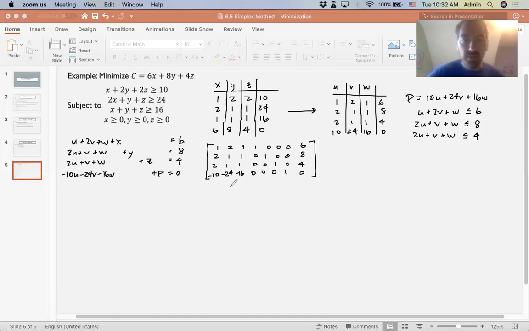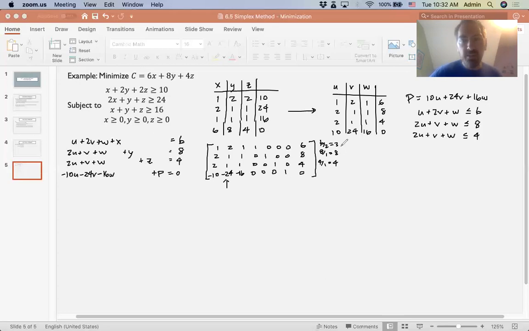Okay, so we take our most negative entry in that last row. We check the ratios: 6 divided by 2 is 3, 8 divided by 1, and 4 divided by 1 is 4.